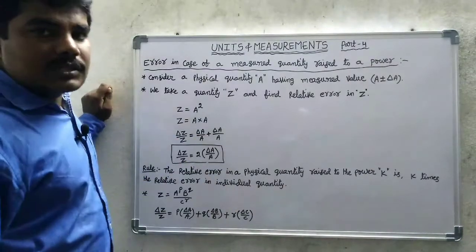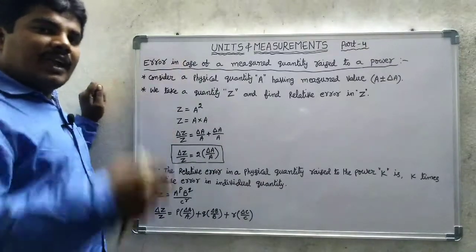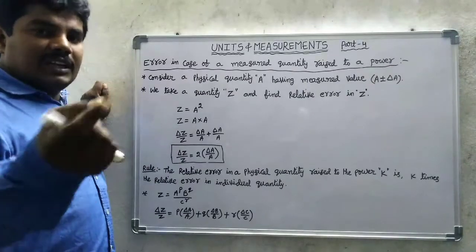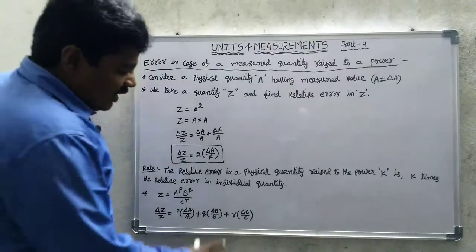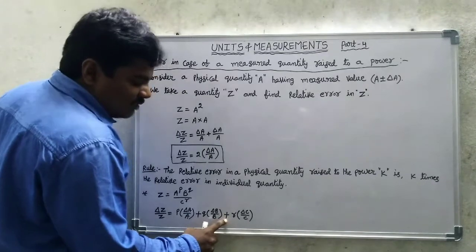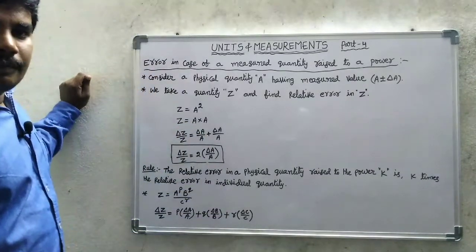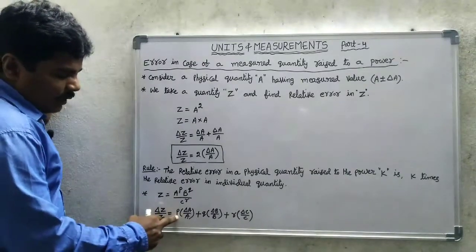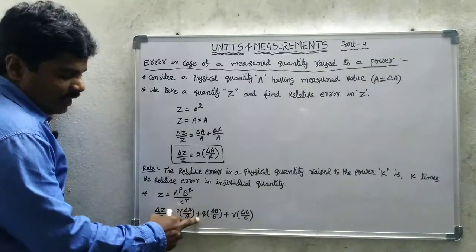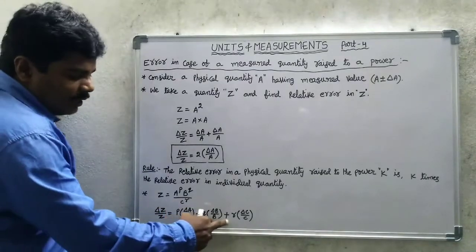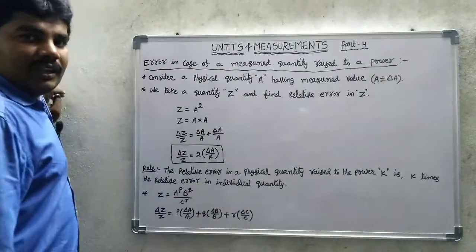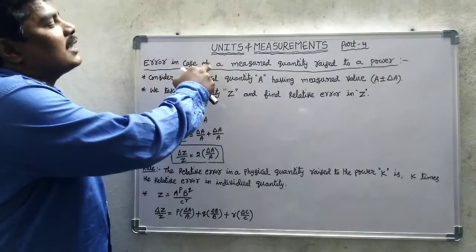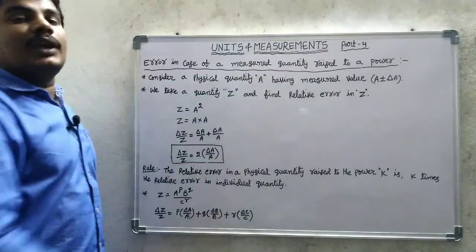In the quotient rule also, the relative error in the final result is equal to the sum of the relative errors of the individual quantities. That's why I put a positive sign here also. So the relative error in Z, delta Z by Z is equal to P into delta A by A plus Q into delta B by B plus R into delta C by C. This is about error in the case of a quantity raised to a power.